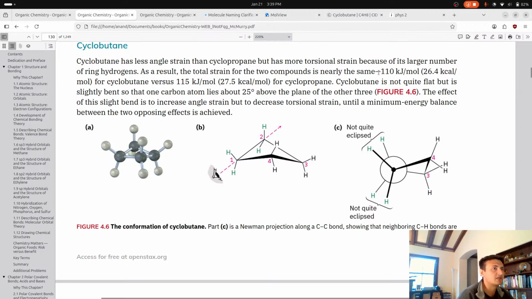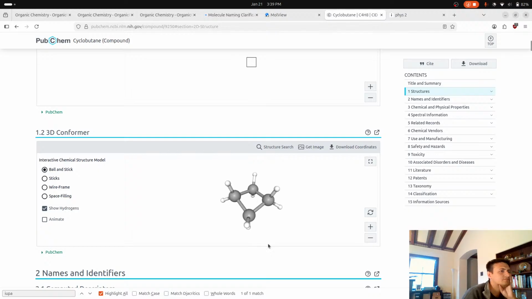Cyclobutane is not quite as flat, but it is slightly bent so that one carbon atom lies about 25 degrees above the plane of the other three. Oh, only one carbon? Wait, really? No, that's not right.